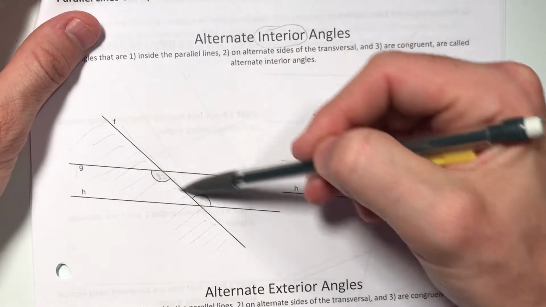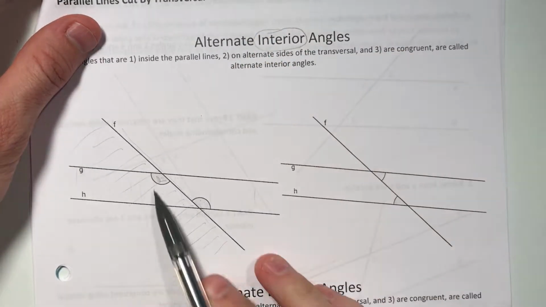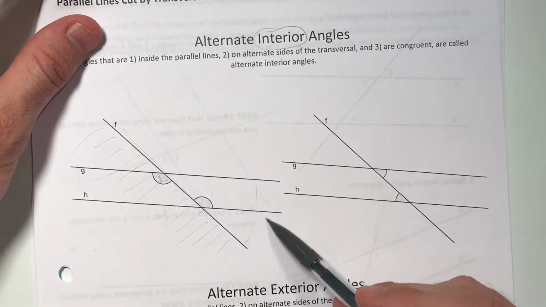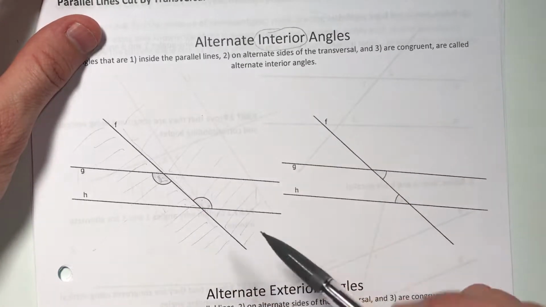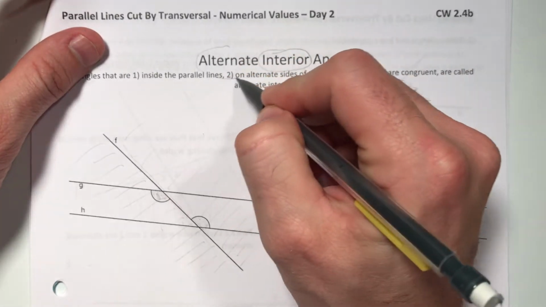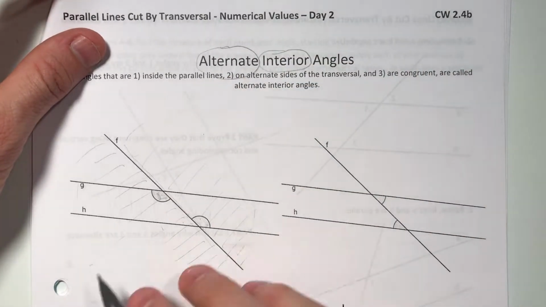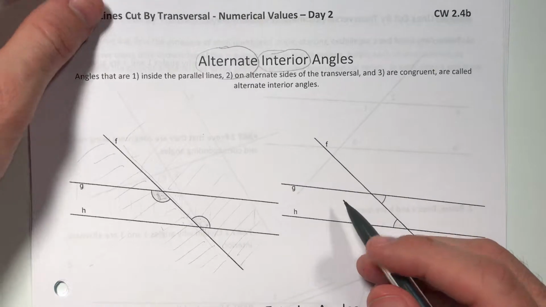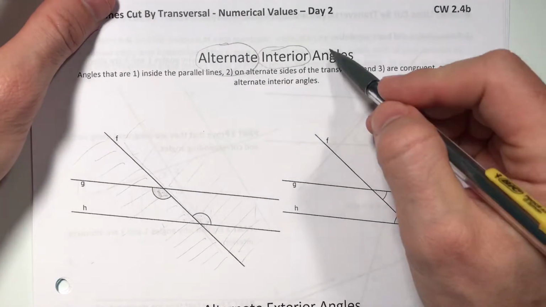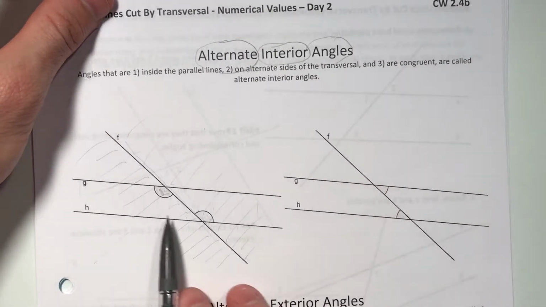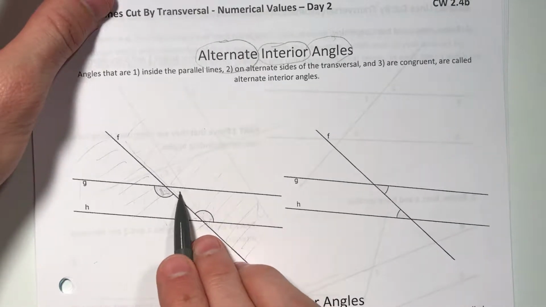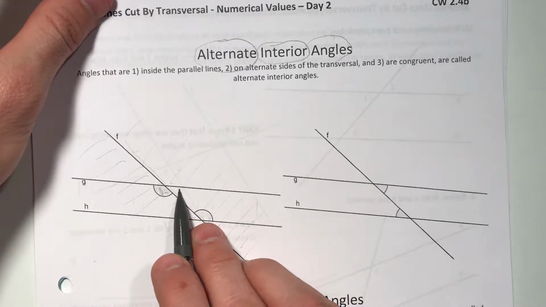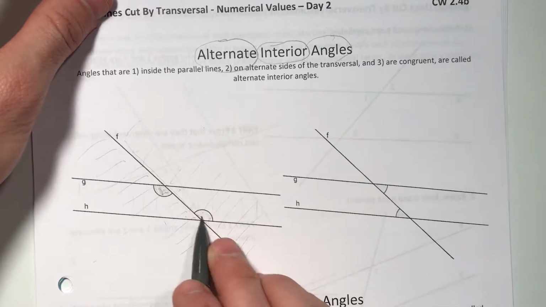This line is breaking it into two sections. This one's on the left, and this one's on the right. So that's what the word alternate means. It means on opposite sides, alternate sides. And the third thing is that they're the same size. For instance, these two angles are on alternate sides and are inside, but those are not the same size angles. So these two are.